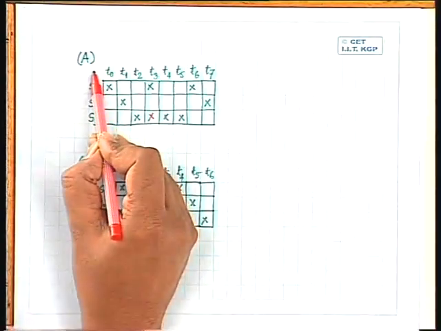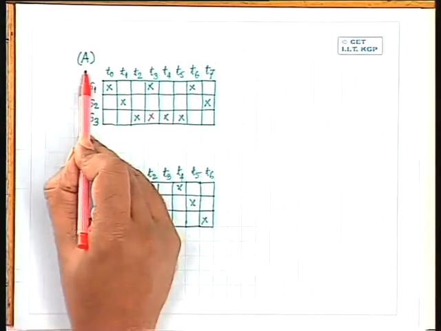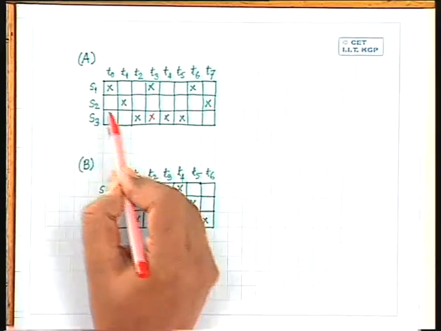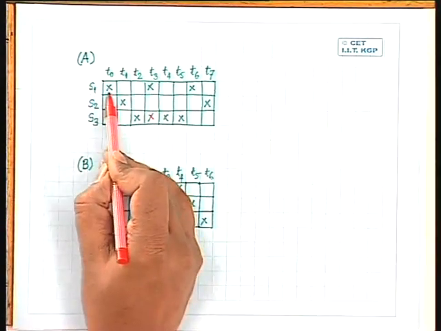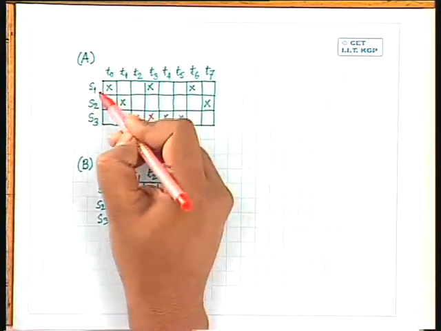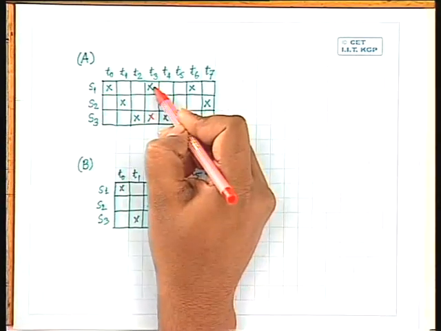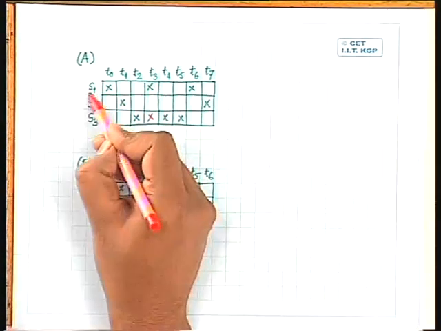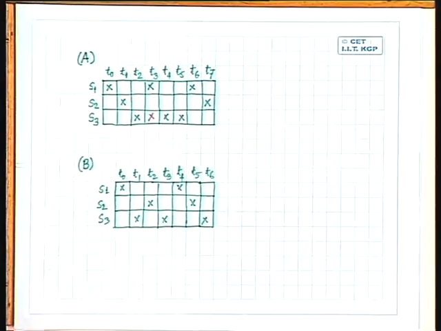See, for example, for computation of a particular function, function A, the pipeline makes use of this computation block S1 during time instant T0. It makes use of the same computation stage S1 during time instant T3. It also makes use of the same computation stage S1 during time instant T6.